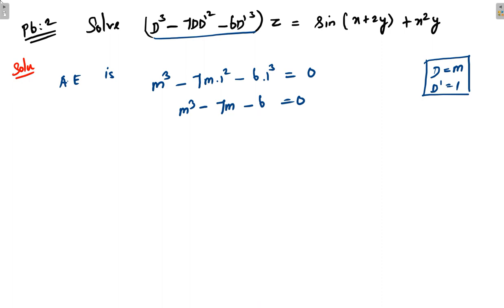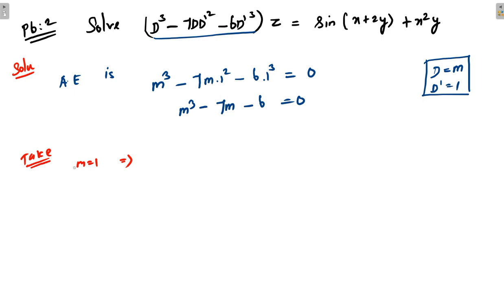After finding the one root, you can reduce the cubic equation to a quadratic equation by using division method. So that thing I am going to do now. So first I am going to take m is equal to 1. If you substitute m is equal to 1, that value should satisfy this equation.